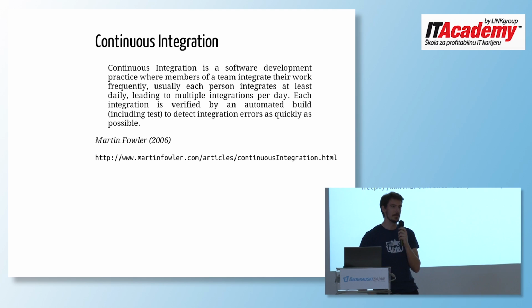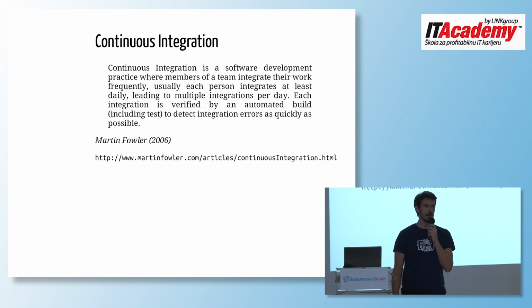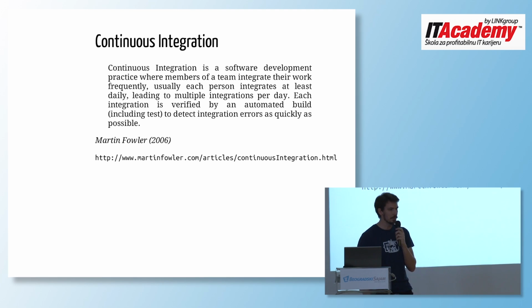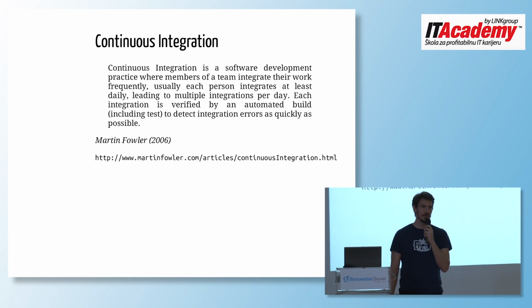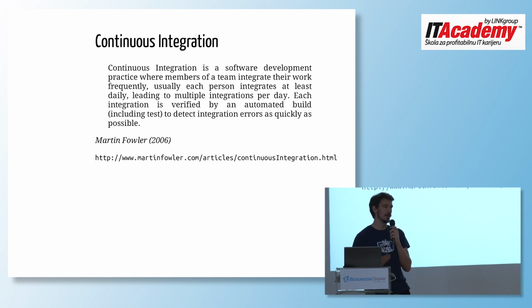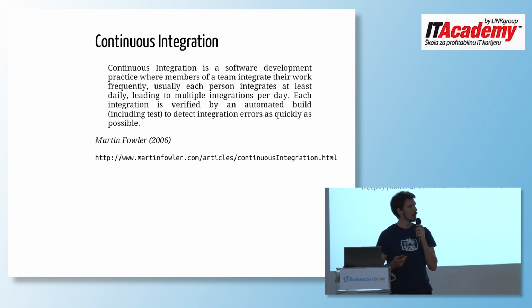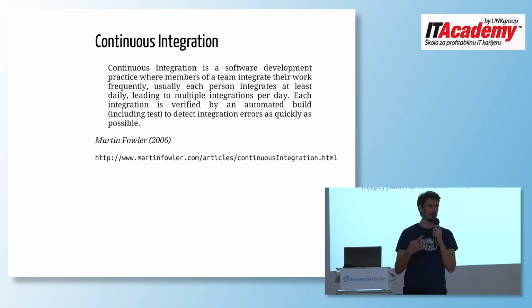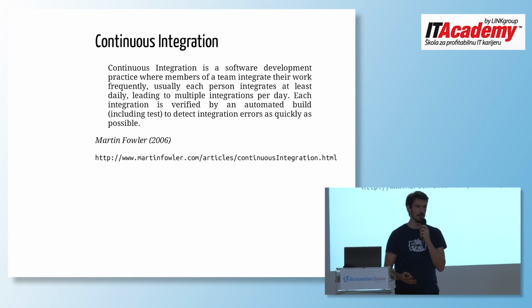Martin Fowler here, he's a really clever guy and has a good definition of it. But basically what continuous integration means is that you merge your code to a central branch somewhere, where all the developers who work on a project merge their changes continuously. Merging just basically means you want to push to a central branch, and continuously means you do it often.